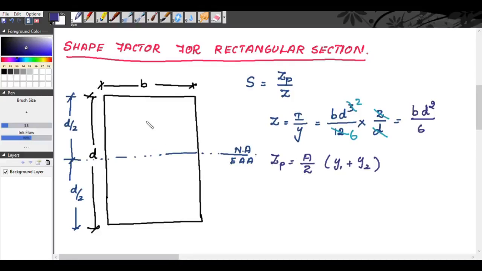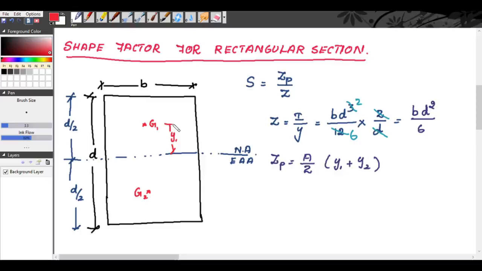Now what is Y1? Let us take this area. See this area. This is the first area, this first half. So for this, let us take the centroidal axis. Let this be G1. This is the second half below the equal area axis. Let us take the centroid of this half as G2. So Y1 is the distance from the equal area axis to the centroid of the first area.